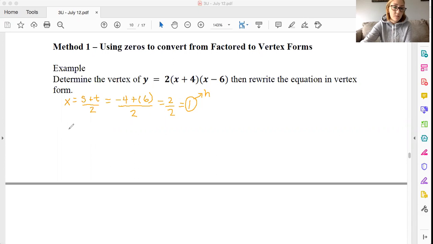From there, what we do is we take our x. So x is equal to 1, and we're going to replace it in our equation. So we're going to go back to our equation, and we're going to replace x by 1. So we have 2, there's an x, so we're going to replace it by 1.